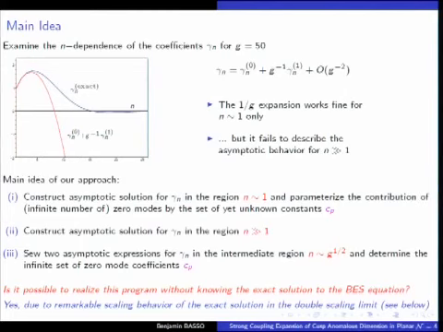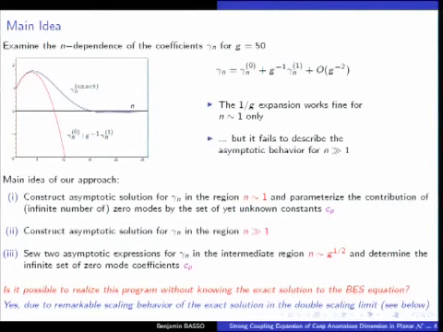This is the main idea to construct the solution. So first we construct an asymptotic solution and parameterize the contribution of an infinite number of zero modes. As you will see, there is an infinite number of constants that will appear, and then we have to impose a quantization condition to select what must be the values of these constants in order to reproduce the BES solution.